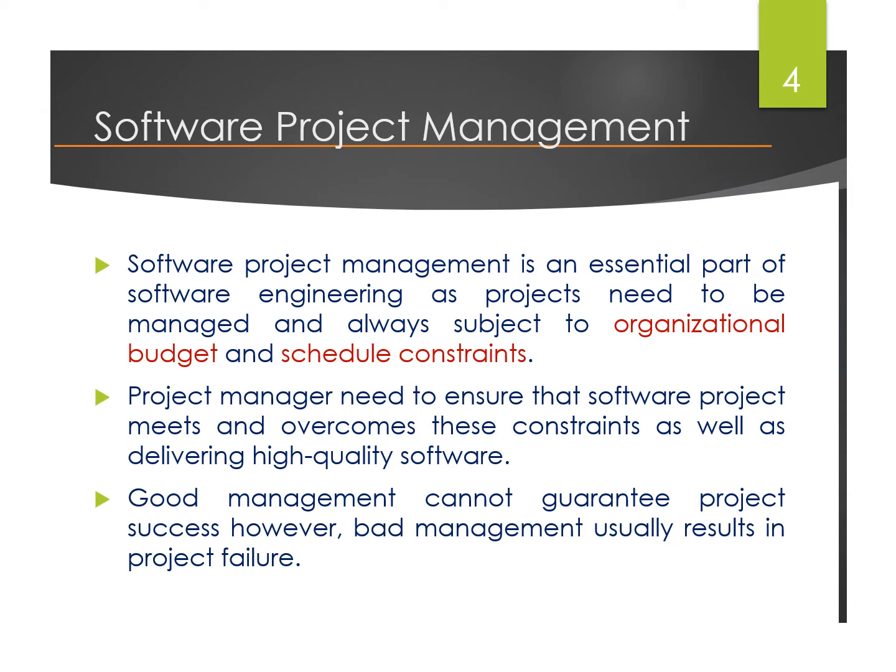So the person in charge of managing the project is the project manager, right? And the project manager needs to ensure that the project can be delivered on time within the constraints. And especially in the software engineering context, we are referring to software. We should be producing high quality software.